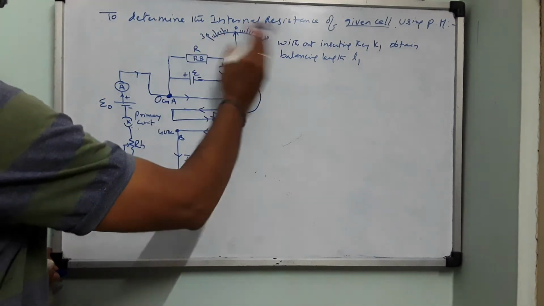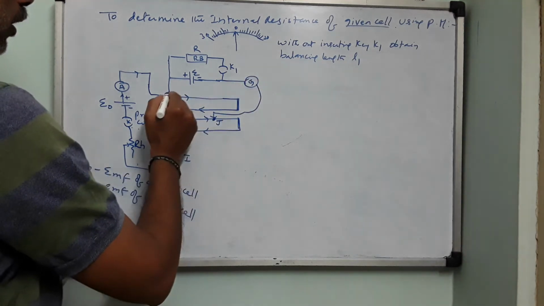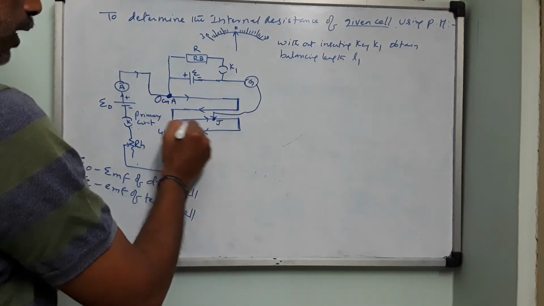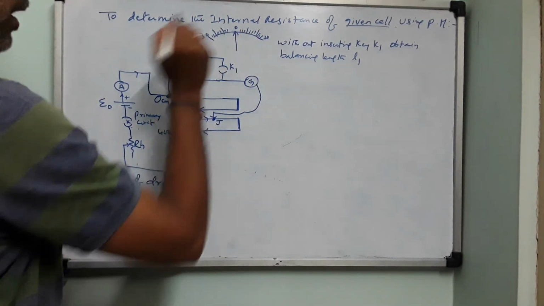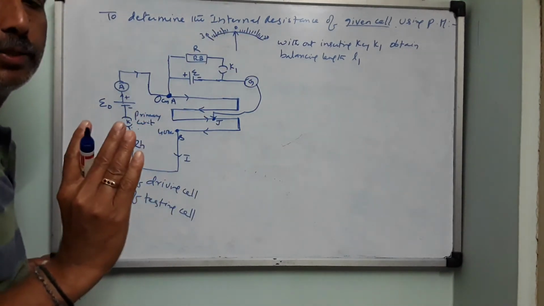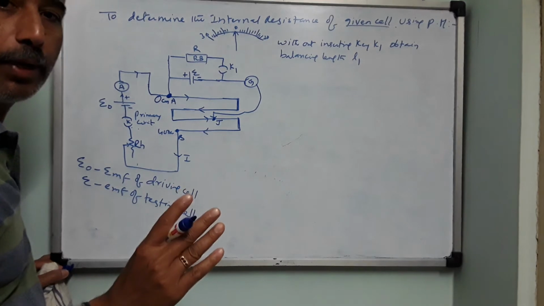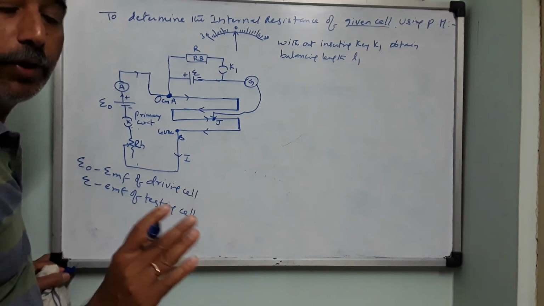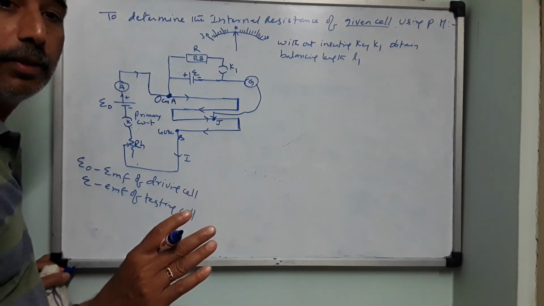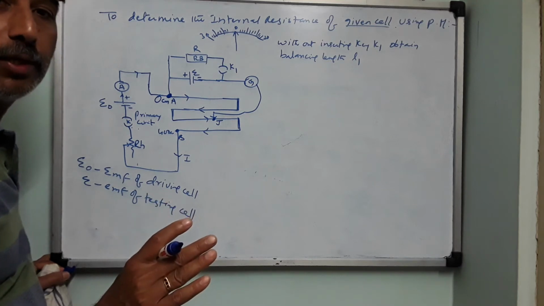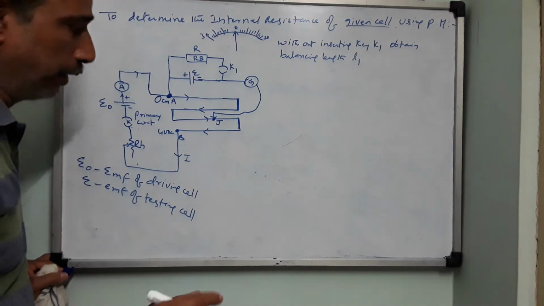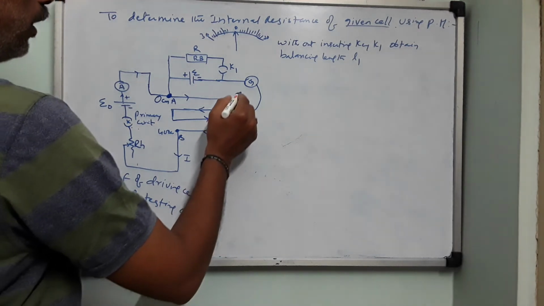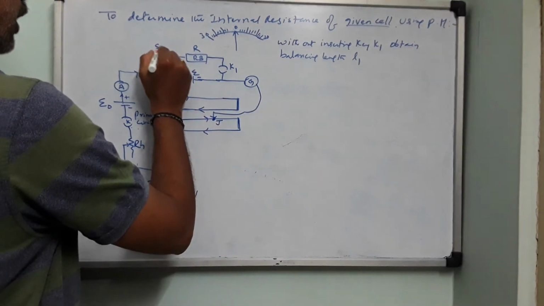It may be deflecting this side towards 30 for all points other than point J. When the jockey touches point J, it will come back to 0 and stay there. That means you obtained null deflection. What do you mean by null deflection? Null deflection means the current supplied to the galvanometer will be 0. Where is the galvanometer? It is here. This circuit is called the secondary circuit.